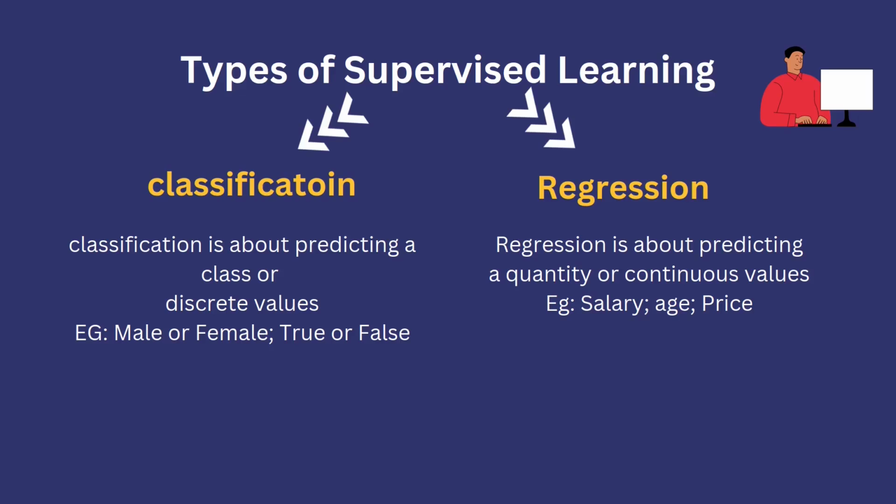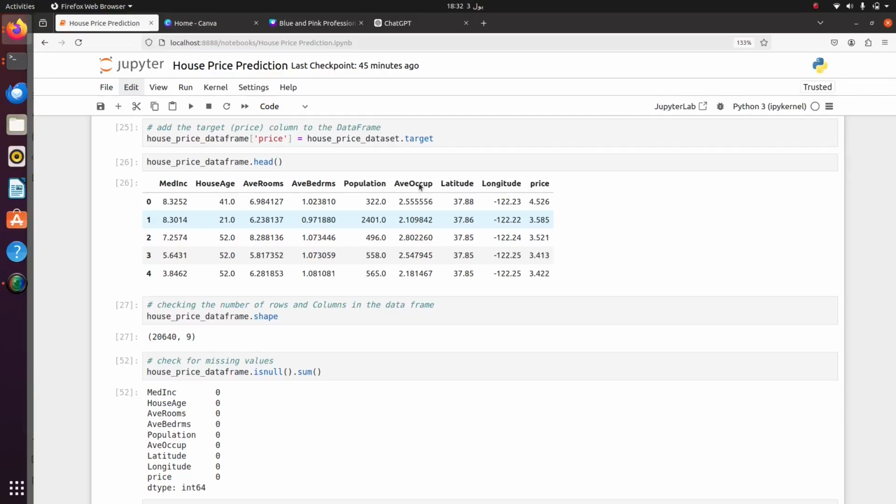Let's try to understand more about our data, then we will see the workflow we will be following. I have given sample data from our data set. You can see the columns in this data, and the last column represents the price of the house in thousands of dollars.